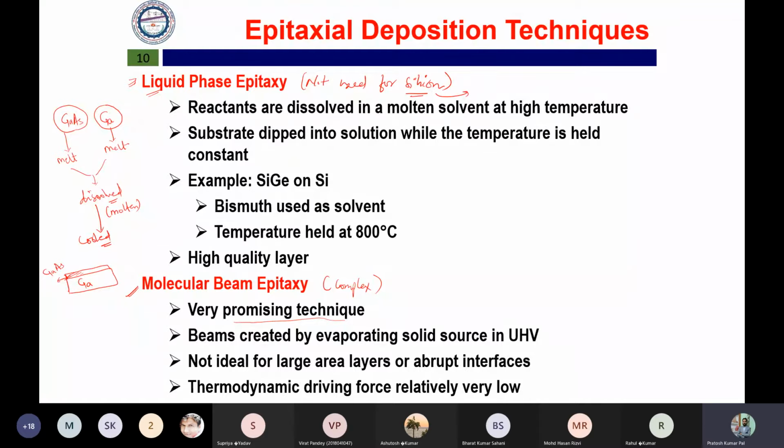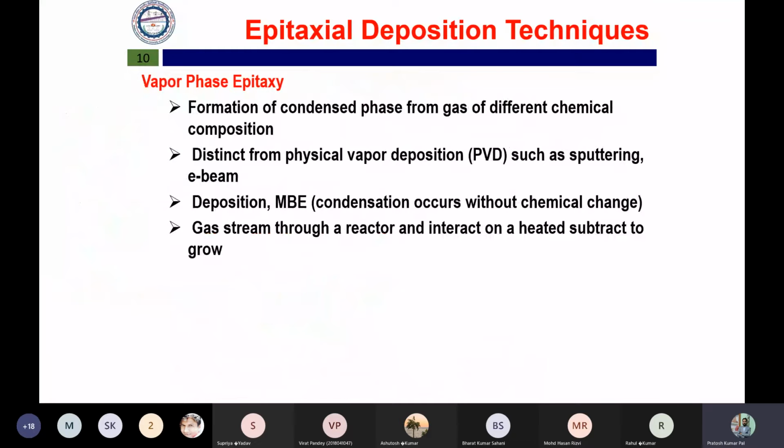We will see molecular beam epitaxy later in detail also. This is just an overview. In case of vapor phase epitaxy, the reactant will be in the form of gas, okay. This gaseous form of reactant will be flown over the surface of your substrate, and there will be some chemical reactions taking place between the atoms in the gaseous form and the surface of the substrate.